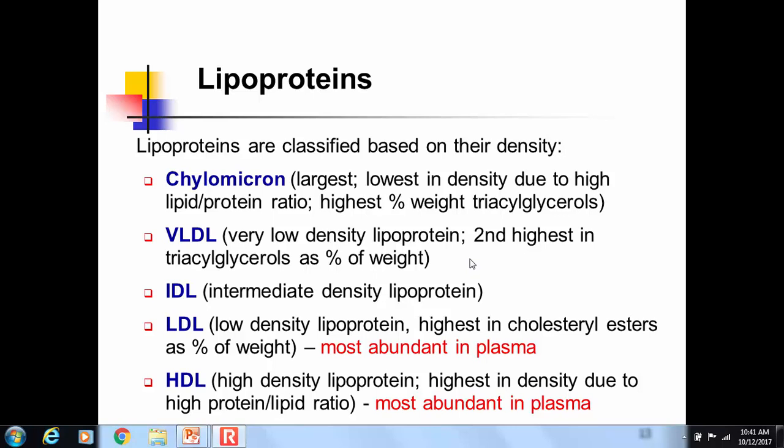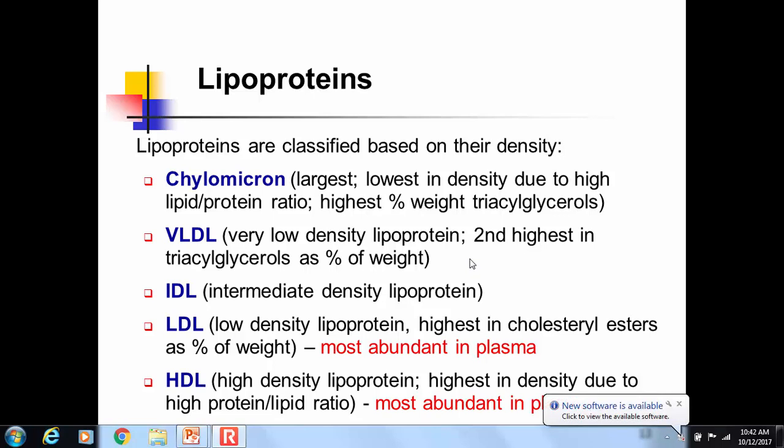I just wanted to remind you again of the cholesterol synthesis that we finished last time. Remember, in our body, half of the cholesterol is synthesized de novo. Our body is able to synthesize half of the cholesterol, and the other half comes from the diet.